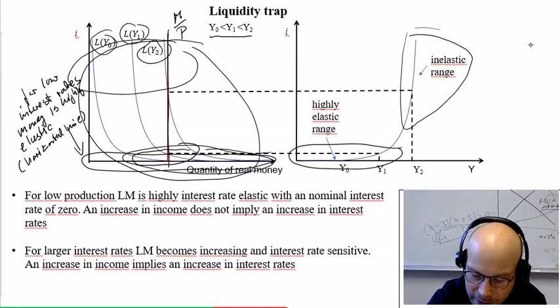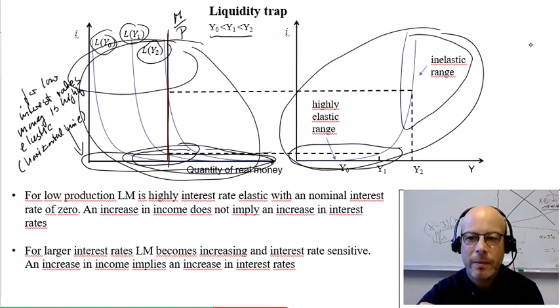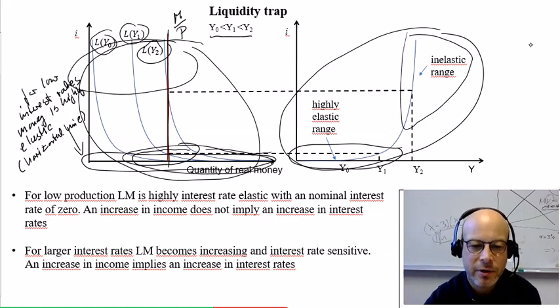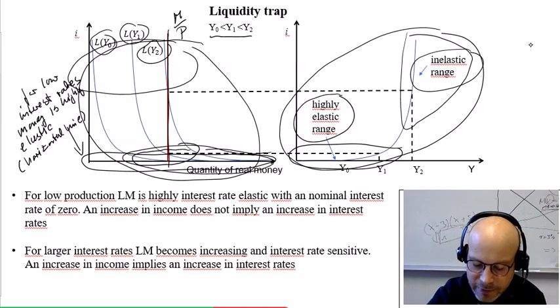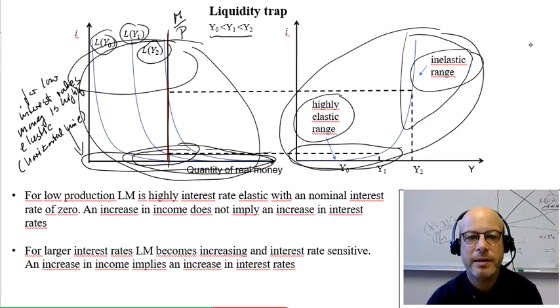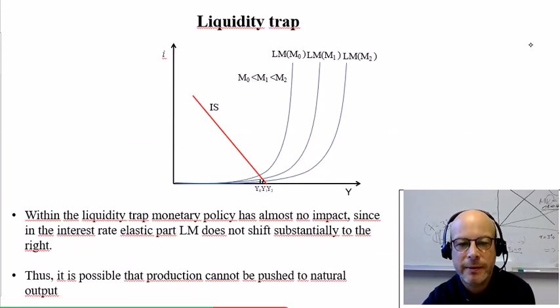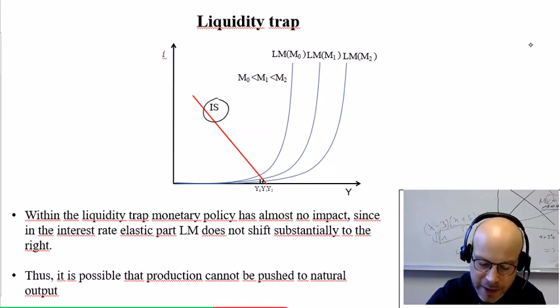Well, and now we are going with this LM curve, inelastic for high interest rates, elastic for low interest rates, in our discussion what happens if we are doing monetary policy. And then our picture looks like this. Again, the overall equilibrium is just the cut of IS curve with the LM curve.